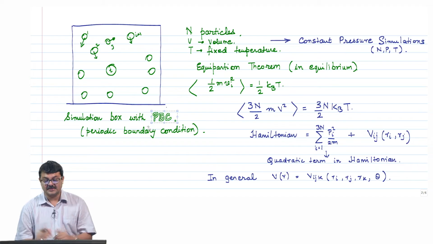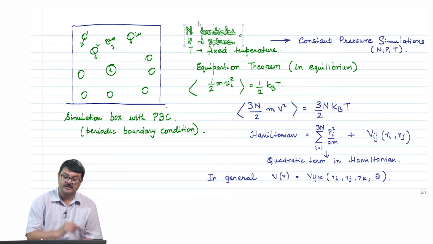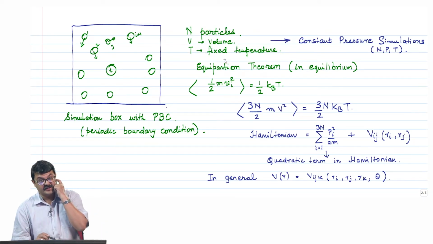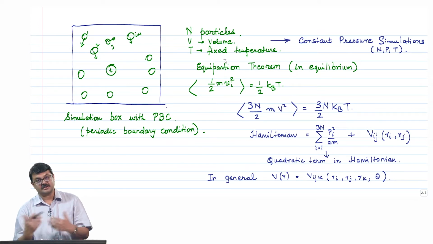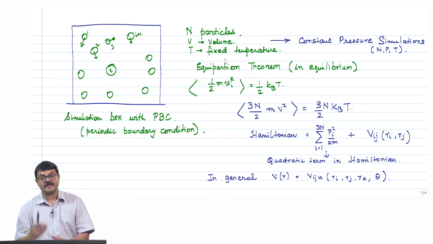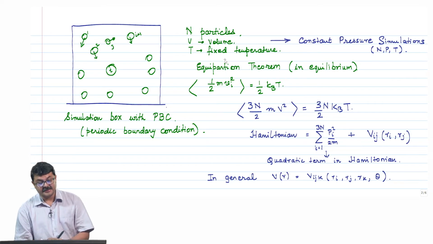So, basically you are trying to model nature with the appropriate potential, and so you have N particles in a box of volume V, and you will typically be looking at the system at a fixed temperature. You can also change temperature, there is no problem. If you want to look at a system at different temperatures, then you also can change the temperature.